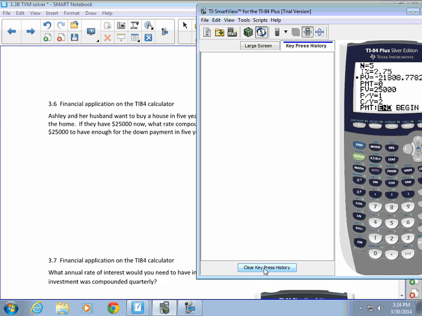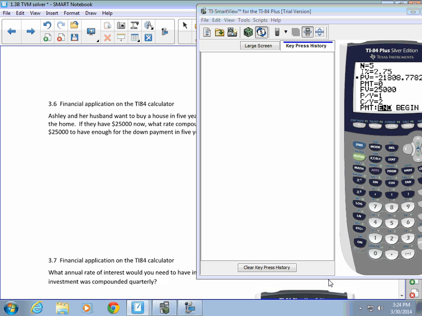If they have $25,000 now, what rate compounded annually would they need to have if they invested the $25,000 to have enough for the down payment in 5 years? So we want to know what interest rate do they need to have in order to make their $25,000 grow to $40,000?